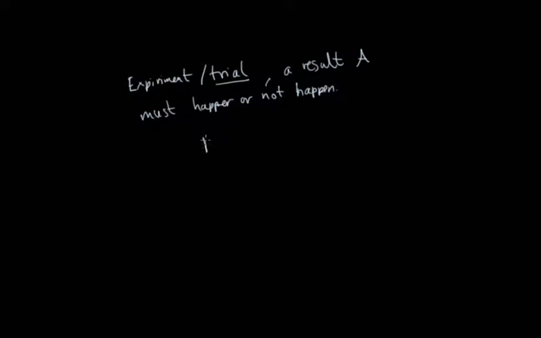So we say the probability of A happening, plus the probability of A not happening, equals 1.